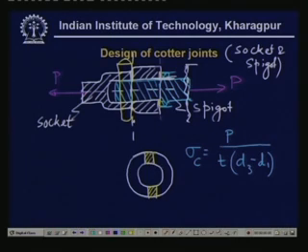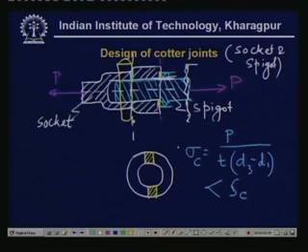This sigma c must be less than the allowable compressive stress. Otherwise, this surface will be ruptured or crushed, that is, damaged, and the joint may fail.